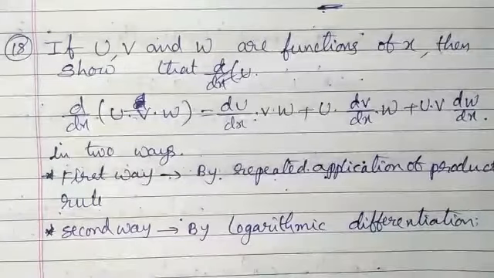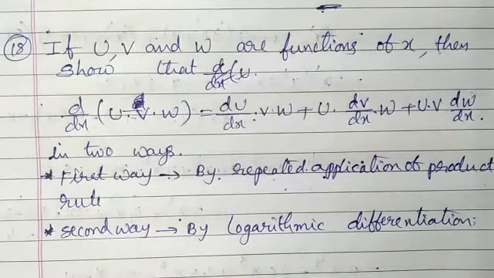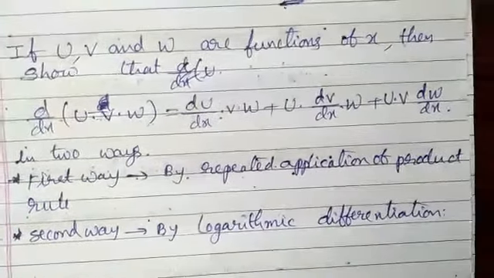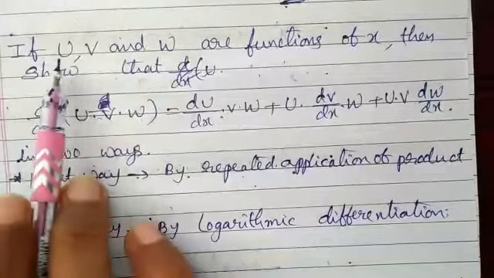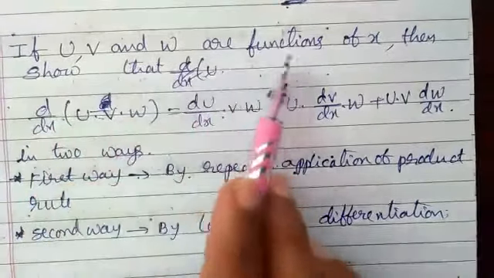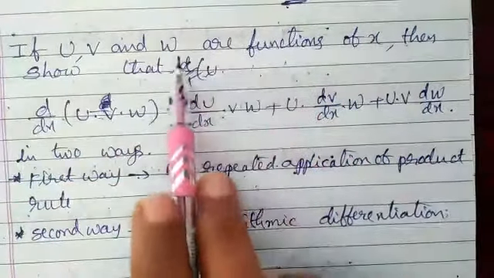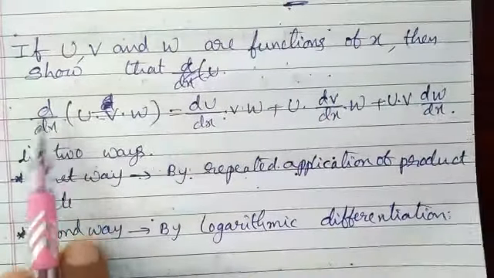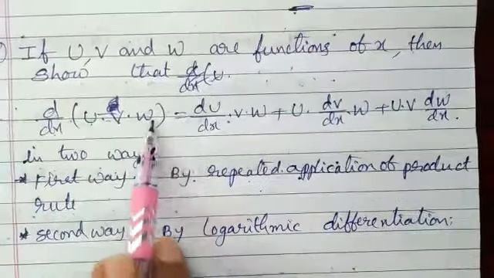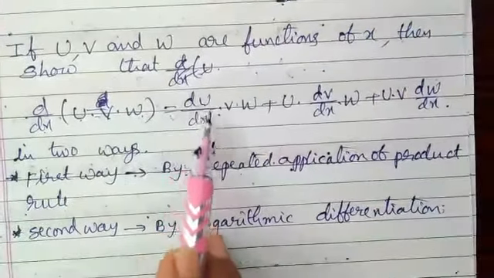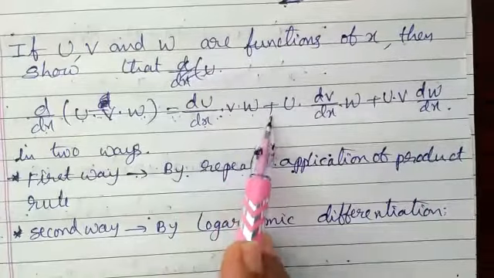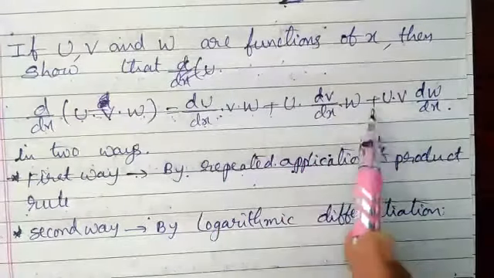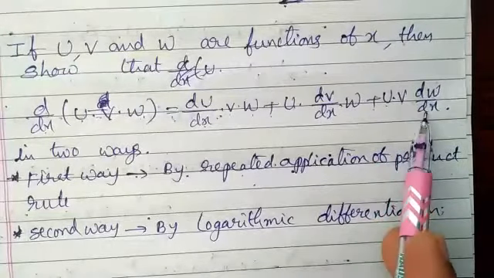So guys, this is 18th problem. Just note down this question. What is it saying here? If u, v and w are functions of x, that means the functions are in terms of x, then show that d by dx of u into v into w is equal to du by dx into v into w plus u into w into dv by dx plus u into v into dw by dx.